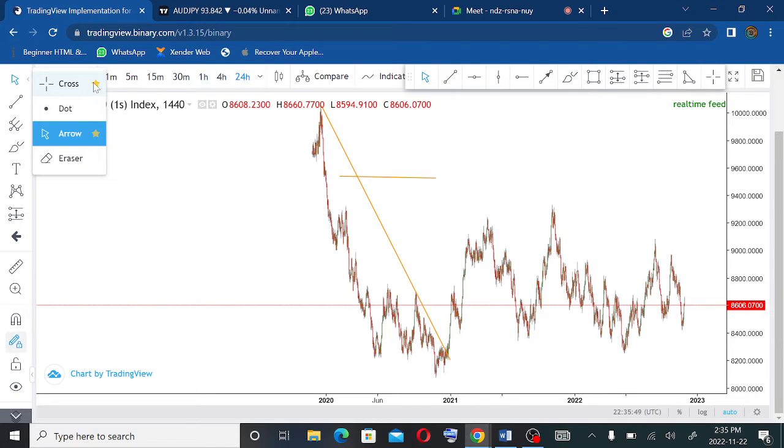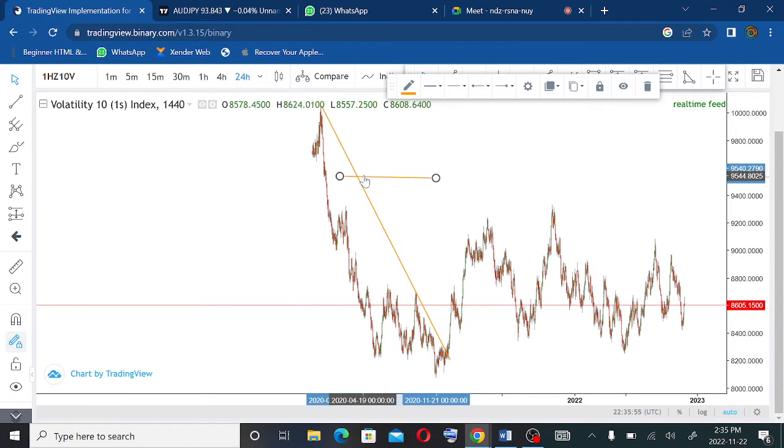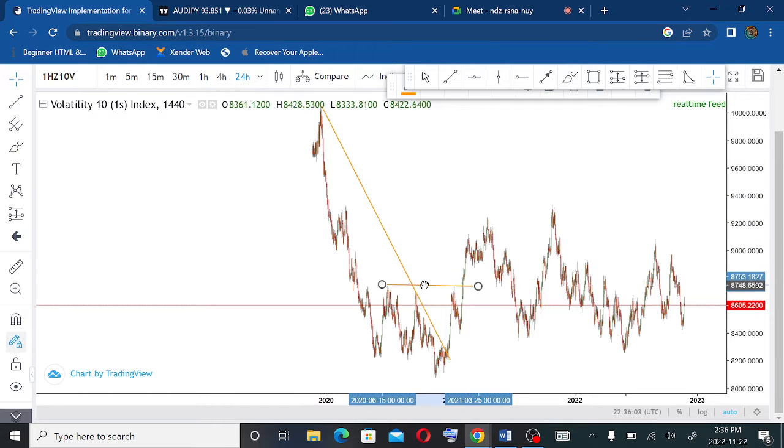I just want to bring out this crossbar so it helps me draw this line more accurately. No problem, I'll fix up one or two little settings to make it show.